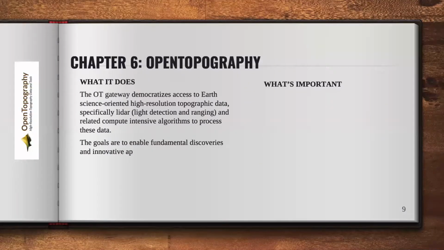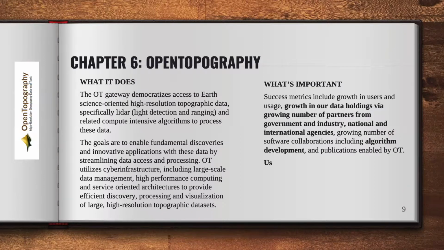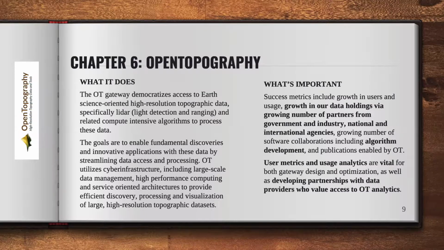Chapter 6, Open Topography. So OT is another data collection-based science gateway, enabling fundamental discoveries using LiDAR data sets. And what they're looking at is, so they have data holdings of these LiDAR data sets. And so they're looking at partners who want to deposit their LiDAR data sets within Open Topography.